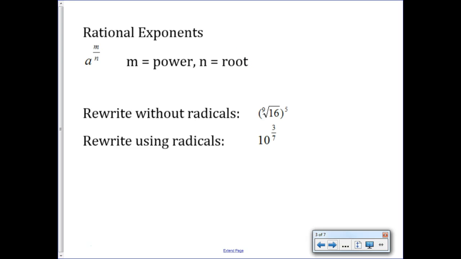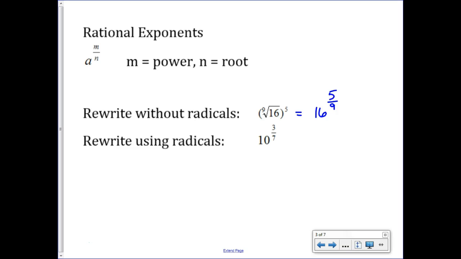So rational exponents, a to the m over n. So m would be the power and n would be the root. So rewriting without radicals, just like we did on that last example, if I wanted to switch this over to an exponent, I have 16 as my base. The 9 is the denominator. That index value is the denominator. And the 5 then would be the numerator.